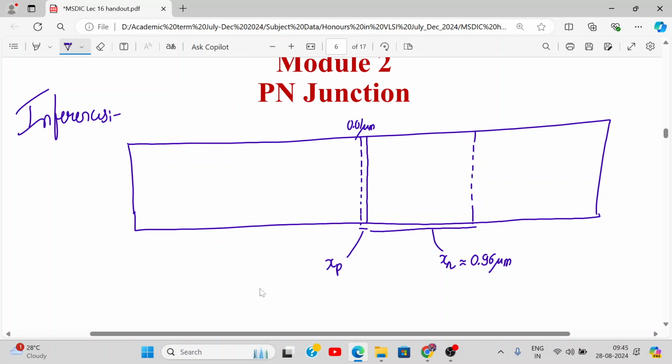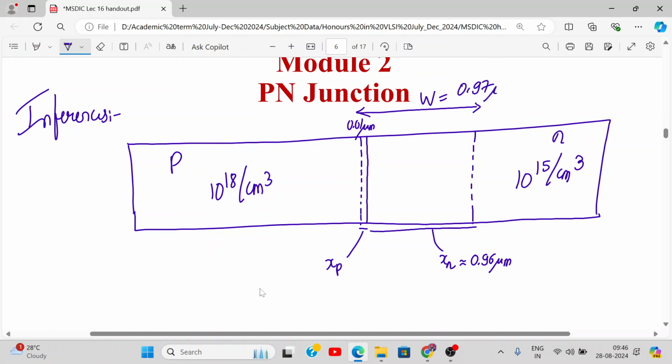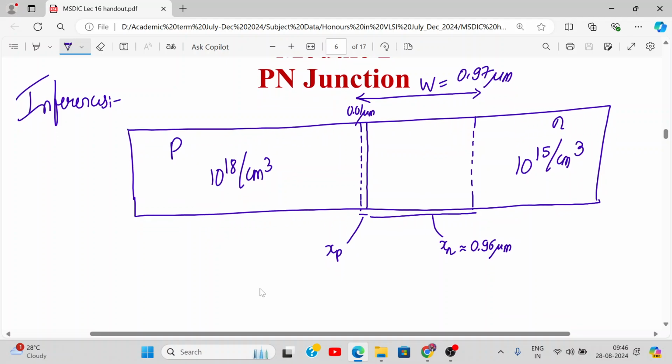So what does it say? This is 10 raised to 18 per centimeter cube. Total W is how much? 0.97. So this is W. From the above we comment that your P region is very, very heavily doped.